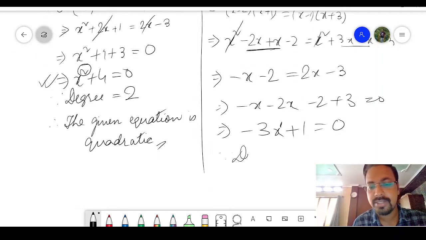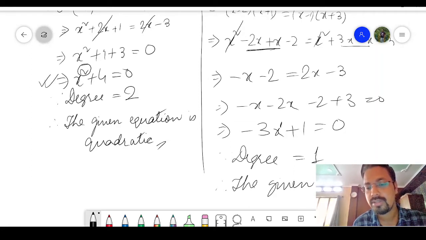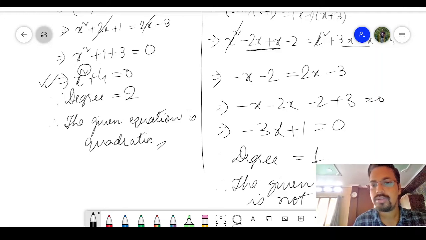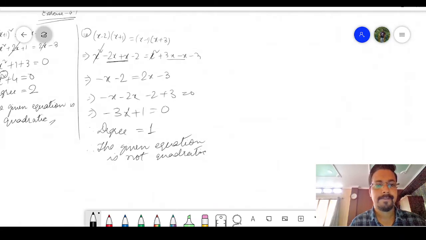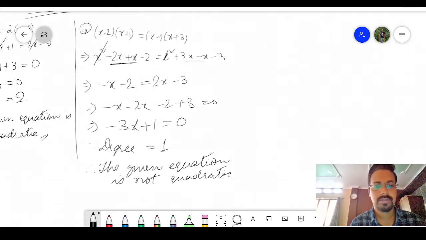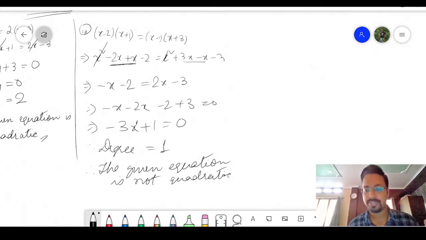So since degree is equal to 1, therefore the given equation is not quadratic. Okay, so hence the given equation is not quadratic. Understood? Very simple.